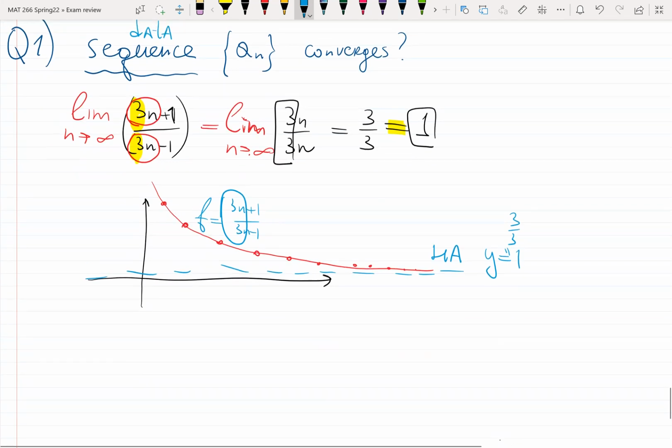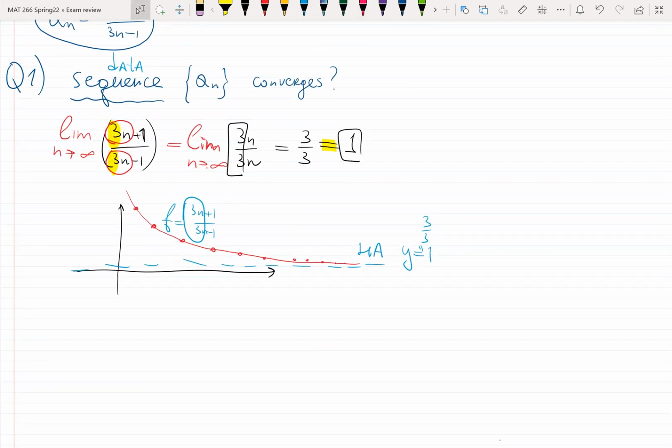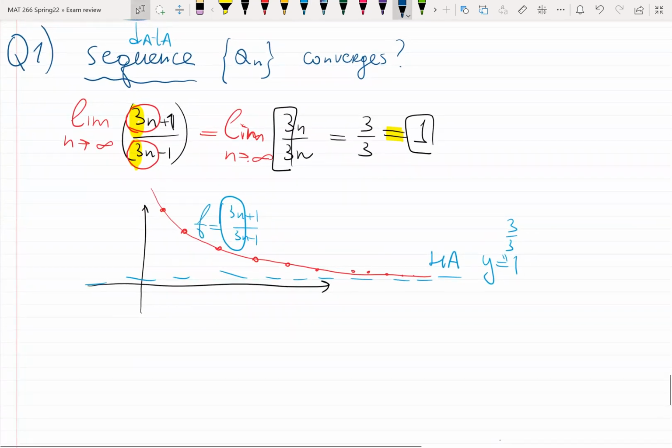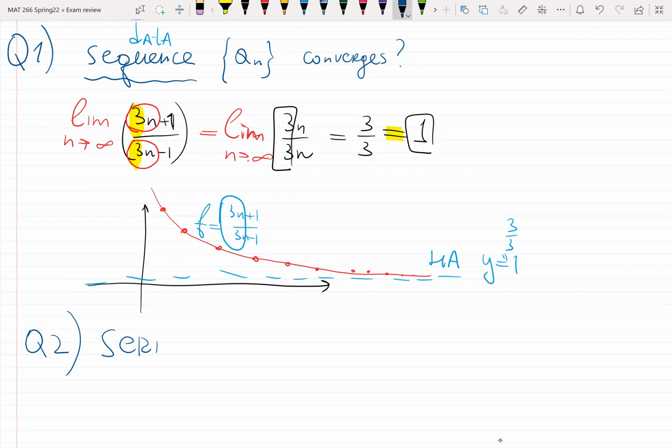While a series is not like that. Series are more serious, more complicated. Question 2: series. That is called a sum of a sub n, with n from 1 to infinity. You see the notation is different.